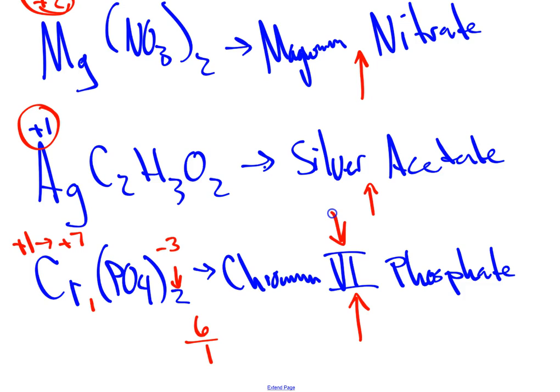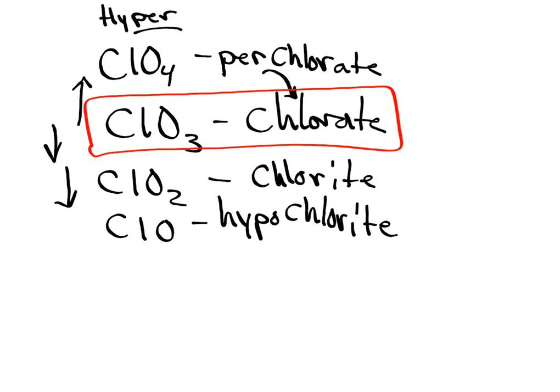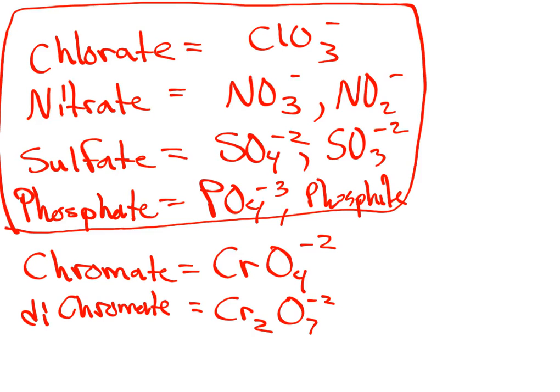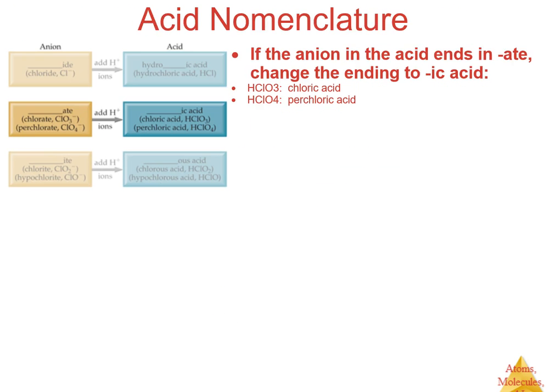Okay, that's 85% roughly. All right. We're going to talk about, well, we already did oxyanion nomenclature, right? The hypo or per. Okay, we talked about that. So we're going to talk about how to name acids.